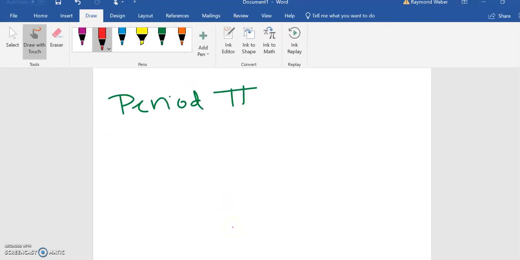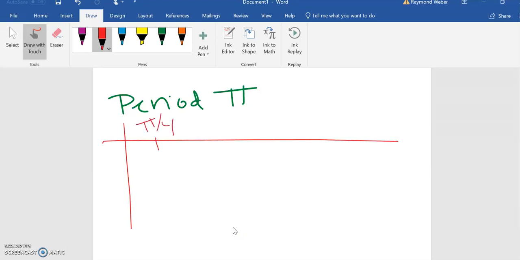So here's my graph. I'm going to put it up here. So now I want pi over 4, and then pi over 2, 3 pi over 4, and pi. Okay? And here's my -1/2, my -1, my -1.5. Okay?